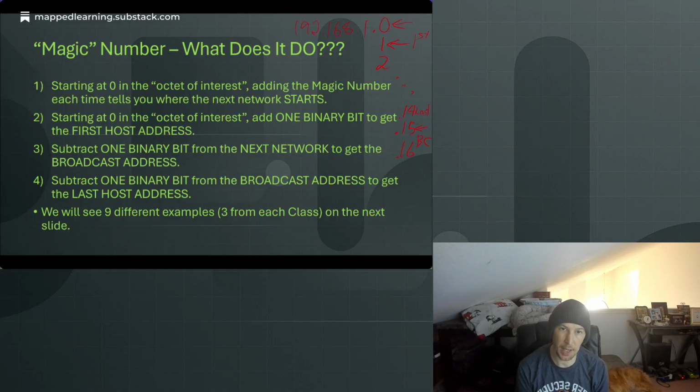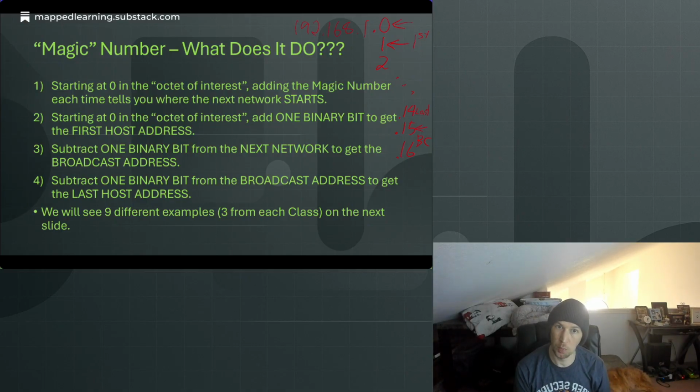Okay, so the network ID is 192.168.1.0. The available host range for this subnet is 192.168.1.1 through 14. .15 is the broadcast, and .16 is the next network.